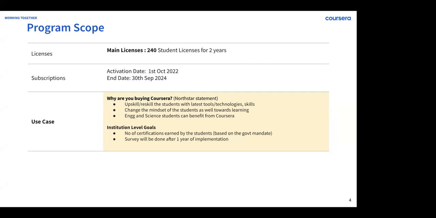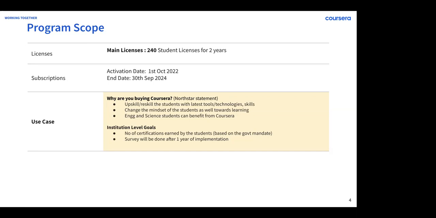And once they are given access by the university, then the students can take up any number of courses that they would like to from the Coursera platform. So there is no restriction on the number of courses that each user can take. As sir mentioned, the activation of these licenses is due on October 1st, 2022, and hence it will end after 2 years, which will be 30th September 2024.